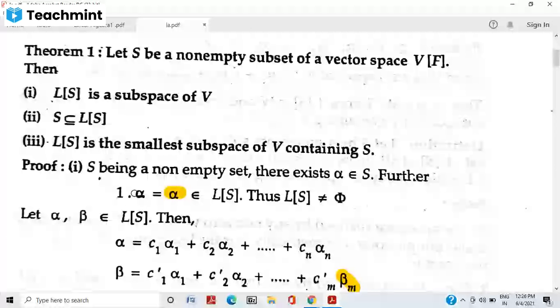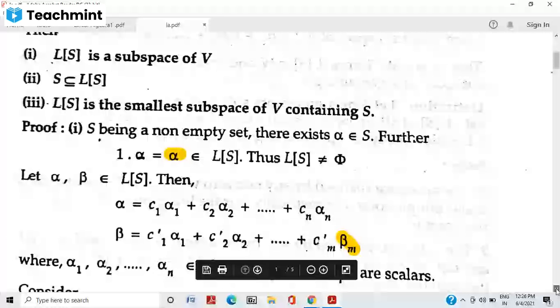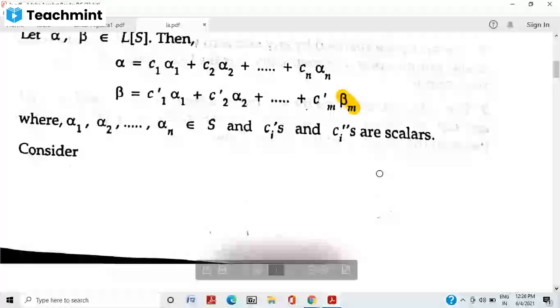Then 1 into alpha belongs to L of S, so L of S is non-empty. Then we have to show that L of S is a subspace. For that, we have to take any two vectors from L of S. We take alpha, beta belongs to L of S.